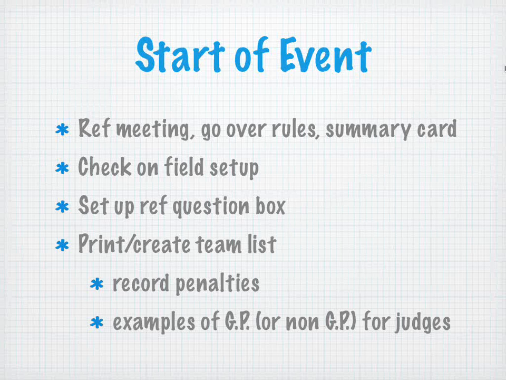And also on that sheet of paper, if you find examples of gracious professionalism where teams are really getting in the spirit of being both gracious and professional, write down those notes so that you can communicate those to the judges when we get to the division finals.